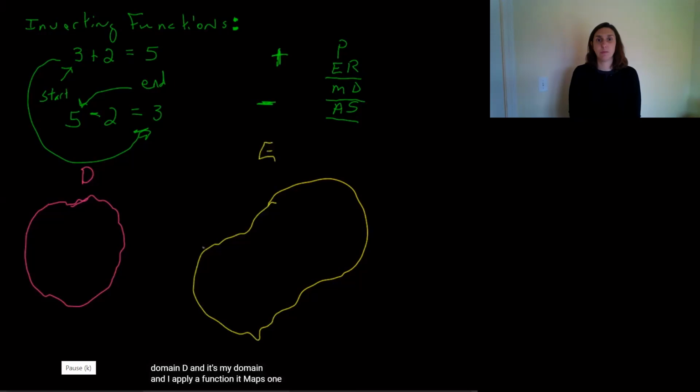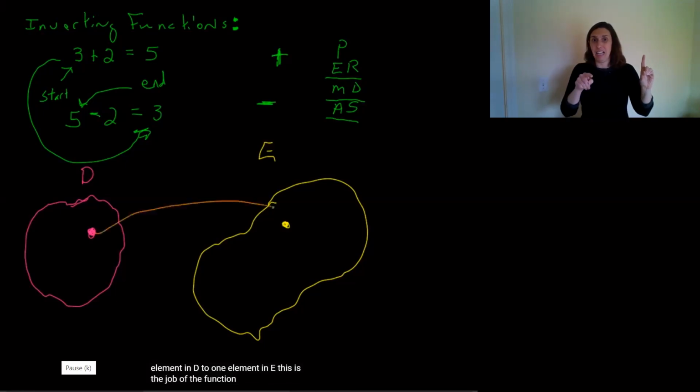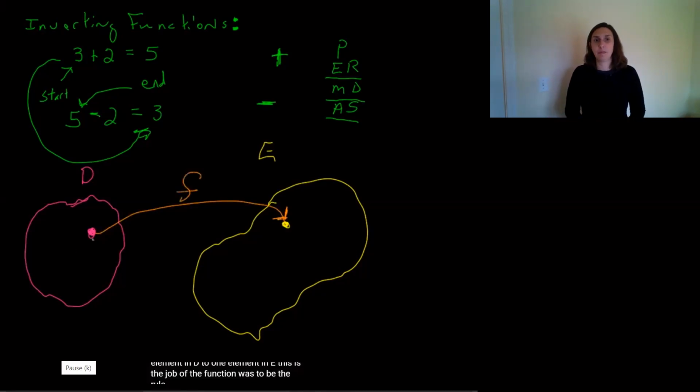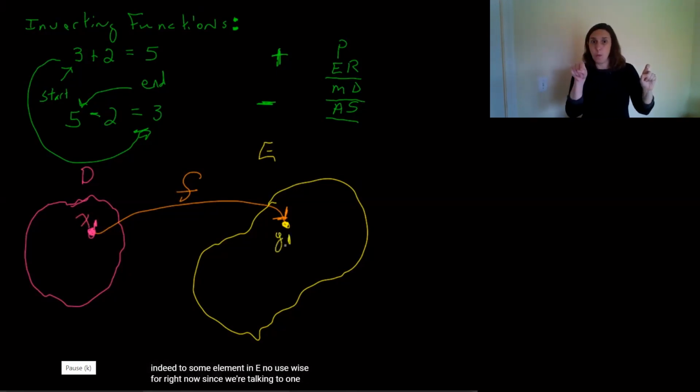It maps one element in D to one element in E. And so the job of the function was to be the rule that took you from an element in D to some element in E. And I'll use Y's for right now since we're talking in one.